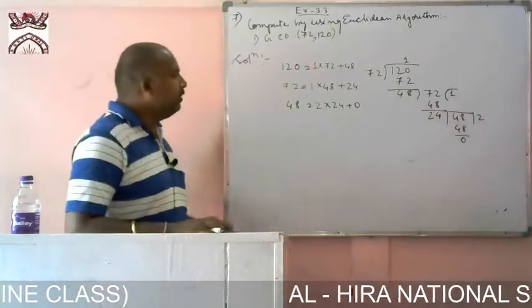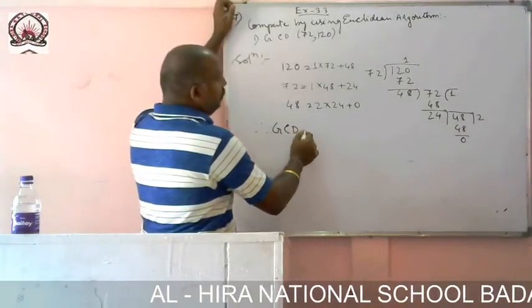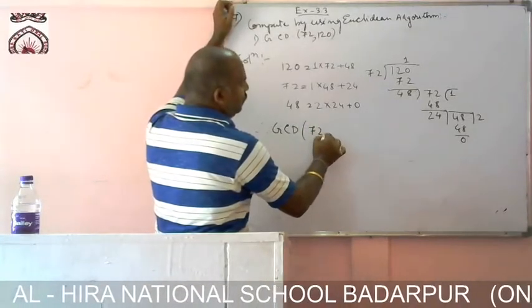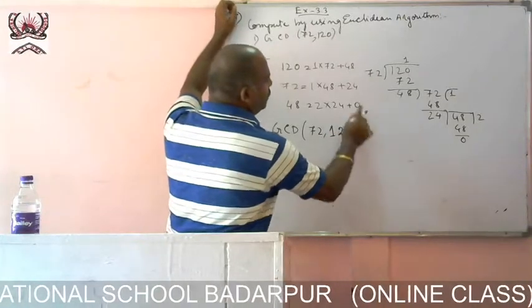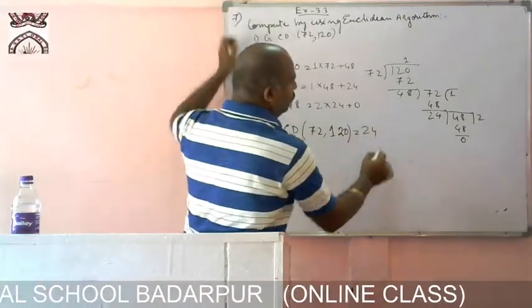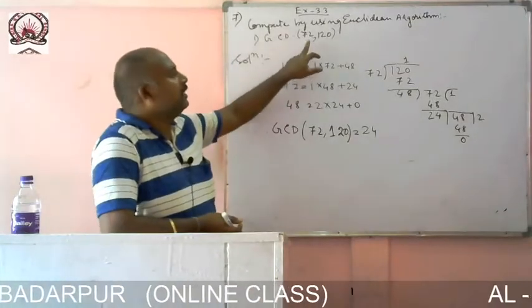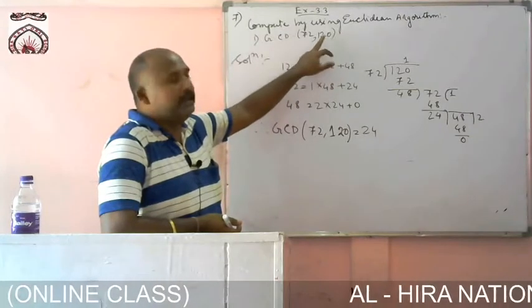Okay. Now therefore the GCD of 72 and 120 equal to what is the value? We will get 24 as the answer. Now take the numbers they have given us, 72 and 120. Which one is greater? 120.